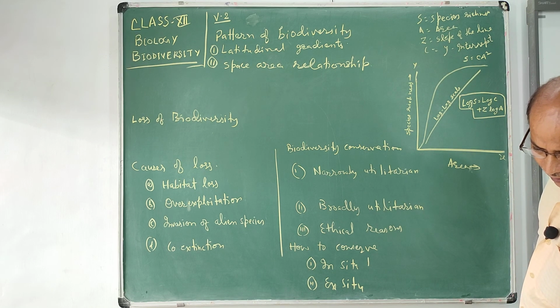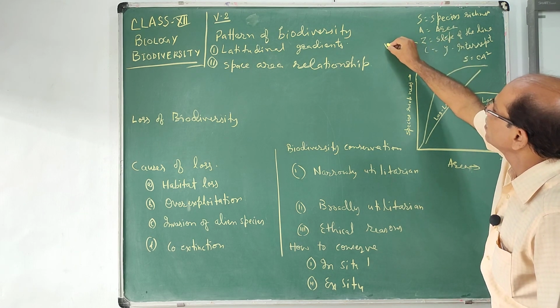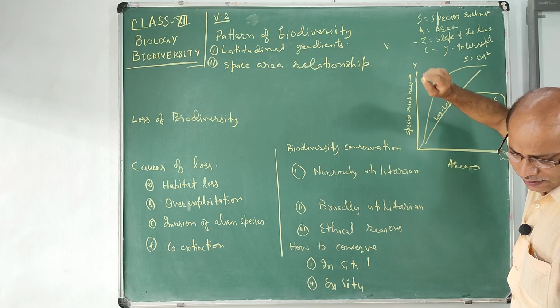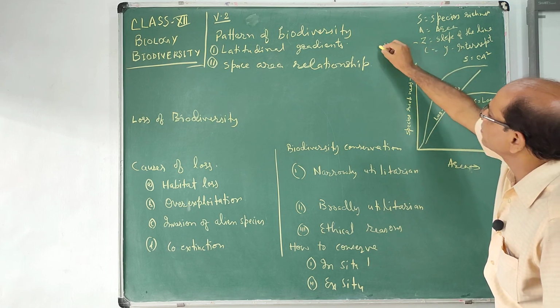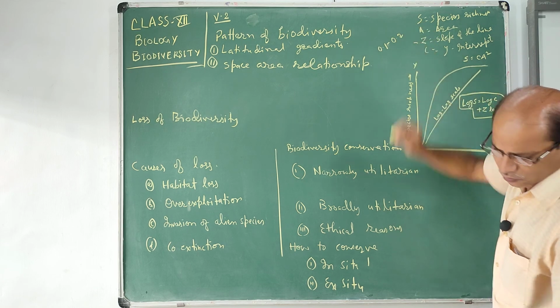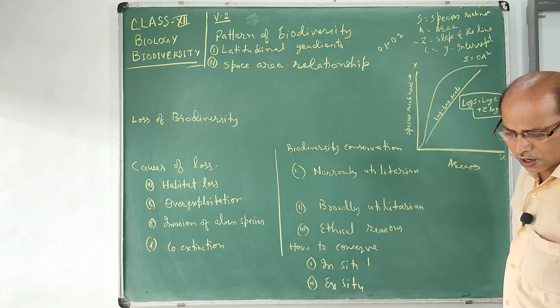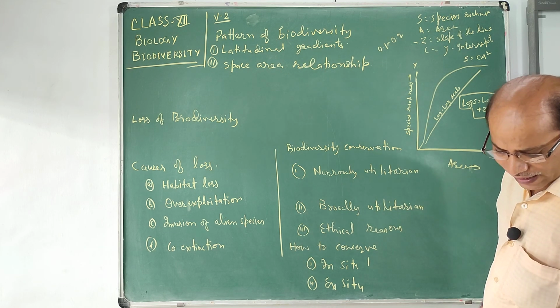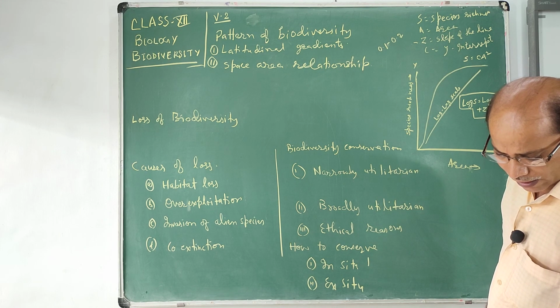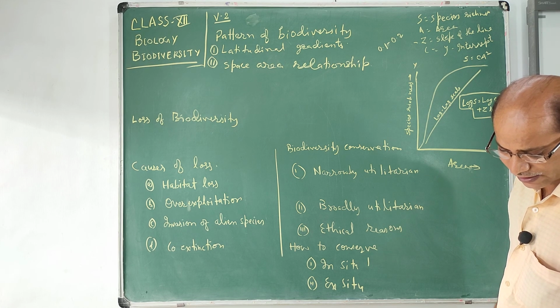The value of Z lies in the range of 0.1 to 0.2, regardless of taxonomic groups or regions, whether it is plants, birds in California or molluscs in New York.